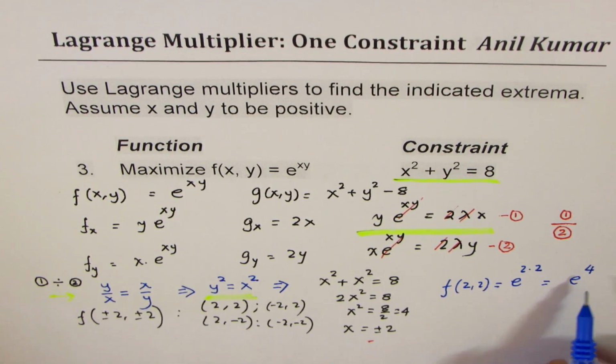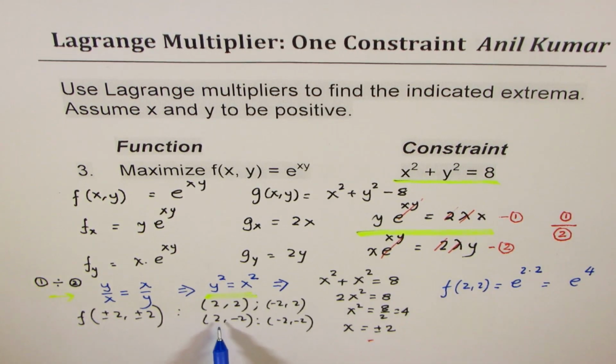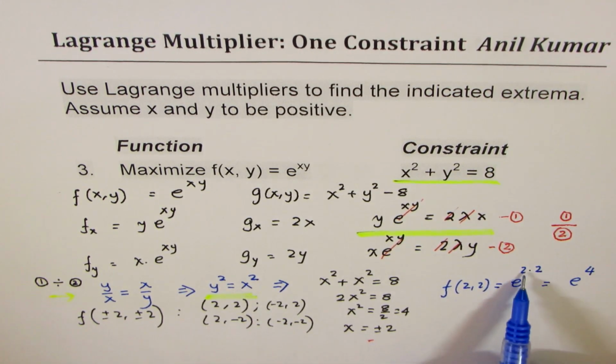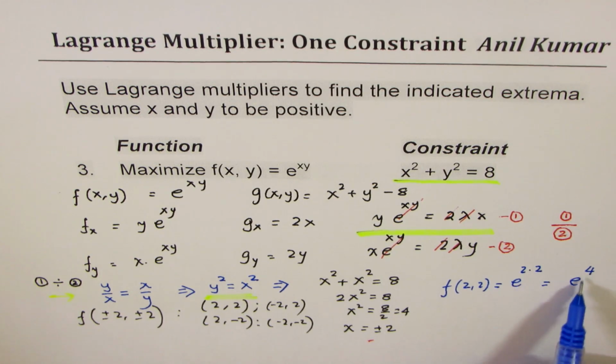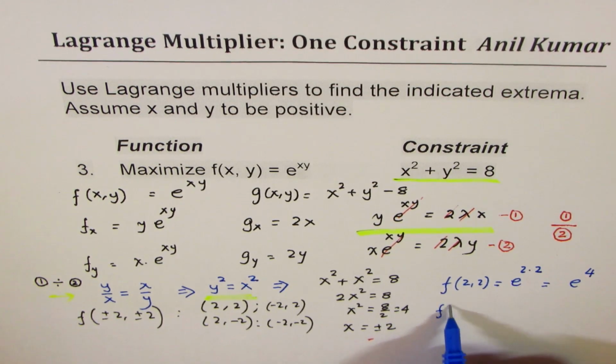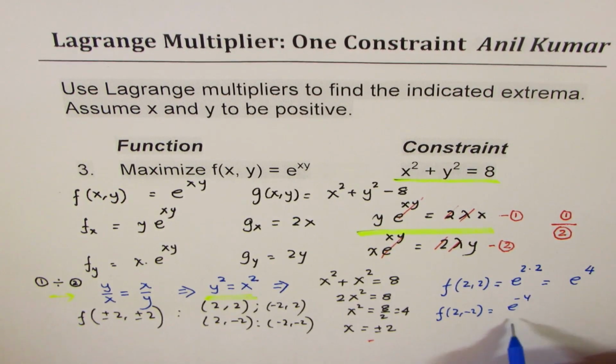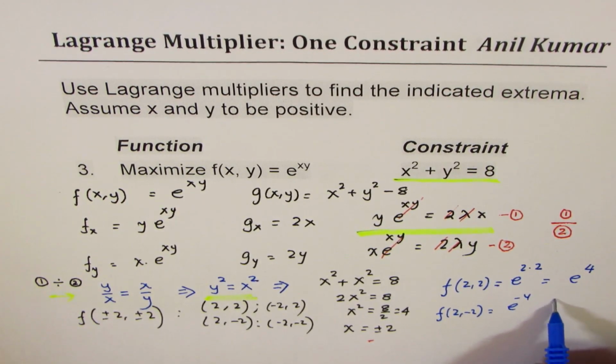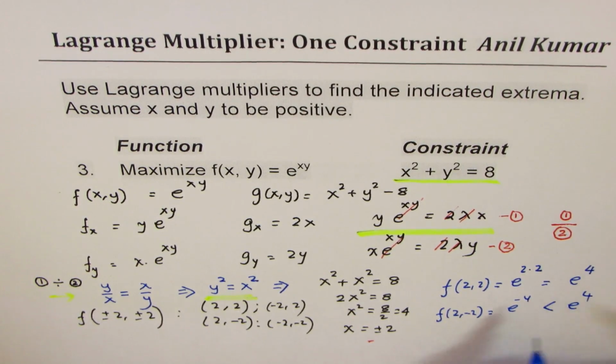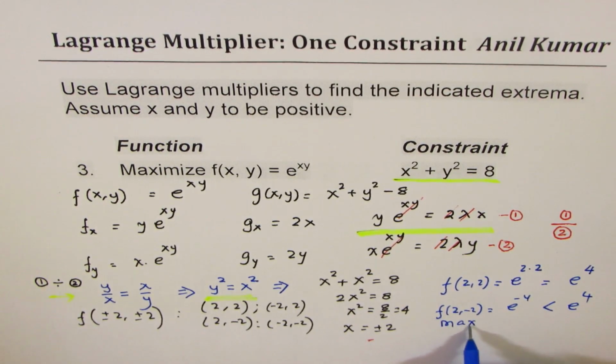So that becomes your maximum value. Now how do you say that this is the maximum value? Well, if you consider any other point, even if you take one as positive and the other as negative, you get a negative power. For example, if you take 2, minus 2, you get e to the power of minus 4, right? Which is less than e to the power of 4. So what we have here really is a maximum value.